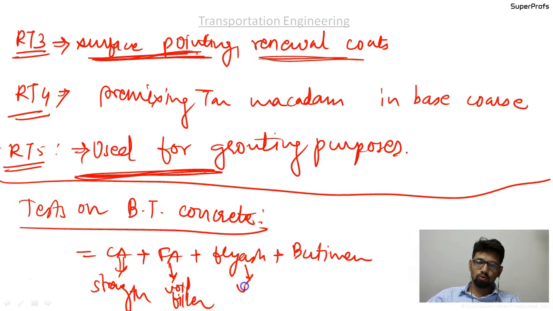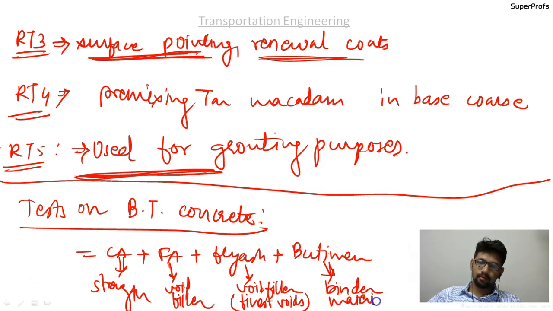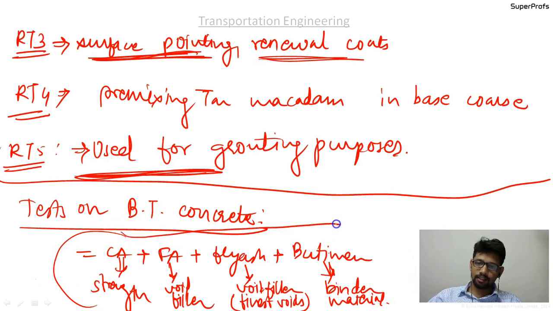It will have coarse aggregate, fine aggregates, fly ash in some amount, and bitumen. Coarse aggregates give strength, fine aggregates act as void filler, and fly ash is also a void filler. Using fly ash, the finest voids are filled up, and bitumen is the binder material. So this is what bitumen concrete is.